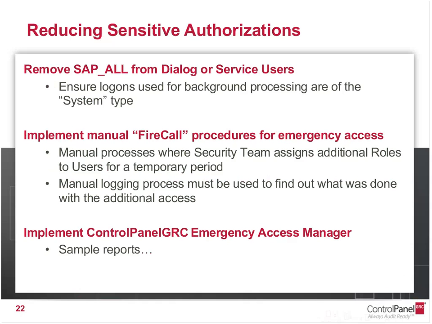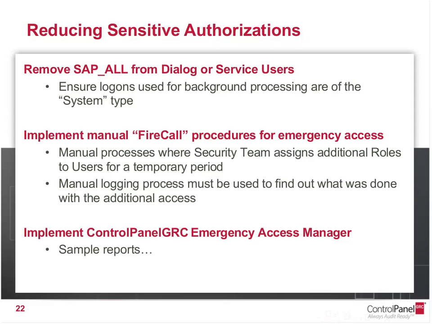A lot of our customers have gone through and implemented what I'll call firefighter procedures to provide emergency access. That might be an automated process or a manual process. The concept is that if your IT support staff is in the production system, they may need to get additional access for a temporary period to get around a problem. So in the worst case scenario, from a manual process, you can have them logging a help desk ticket.